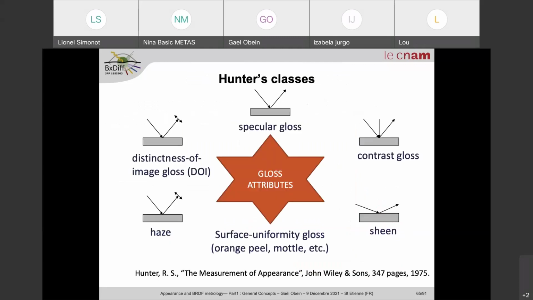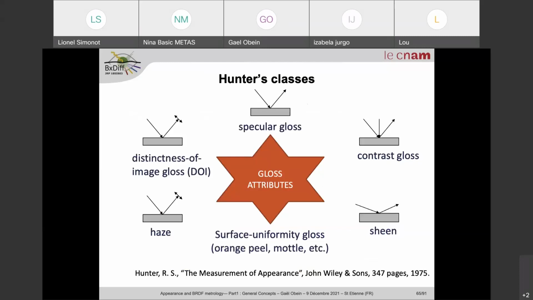In fact, if we look at Hunter's work done in 1936, it's another edition, but the first edition is really in 36.